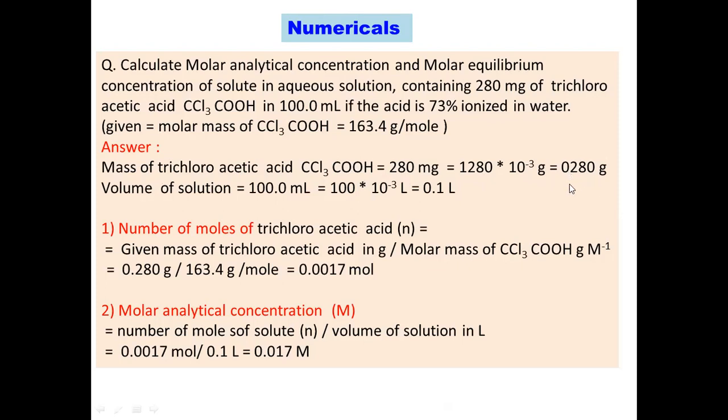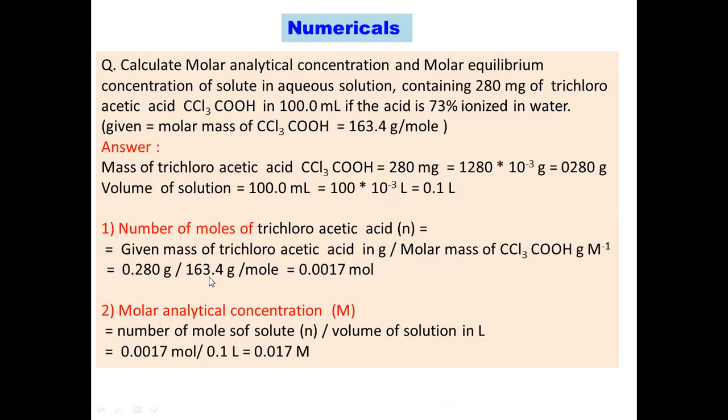Here is some typo mistake. The volume of the solution is 100 ml, which is already given here. That is again converted, 100 into 10 raised to minus 3 liters, so that is 0.1 liter. 100 ml is equal to 0.1 liter. So we have converted these quantities into gram and liter.